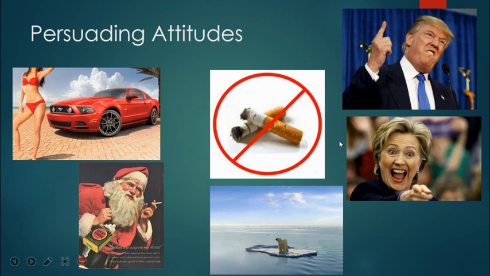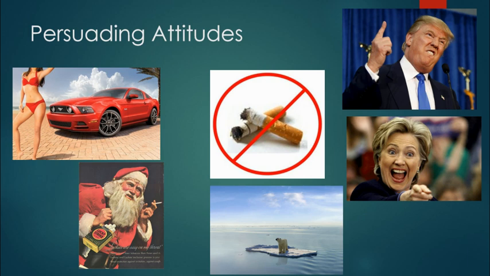And then on the right here, we've got two very famous political figures. We've got Hillary Clinton and Donald Trump. We love to think that political debates and political arguments are based on the central route to persuasion, that we make informed political decisions on who we vote for based on facts and data and well thought out logical arguments.